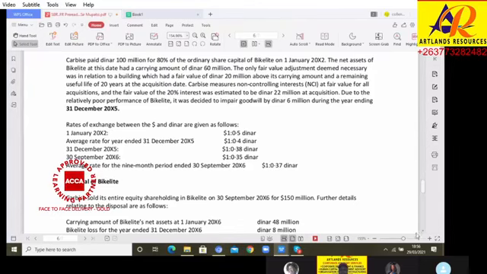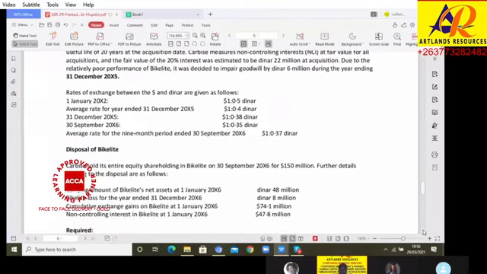Disposal of Bakelite. Cabais sold its entire equity shareholding in Bakelite on 30 September 2026 for 150 million. Further details relating to the disposal are as follows. Carrying amount of net assets at 1 January 2026, Bakelite loss for the year, cumulative exchange gains on Bakelite at 1 January 2026, non-controlling interest at 1 January.